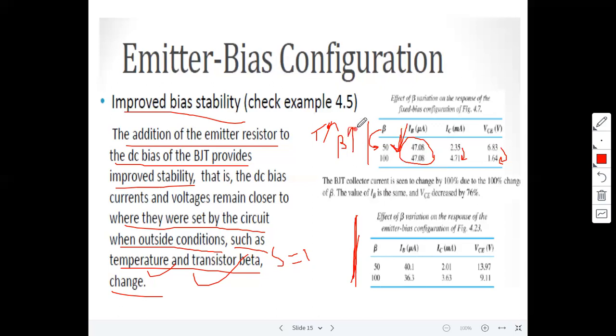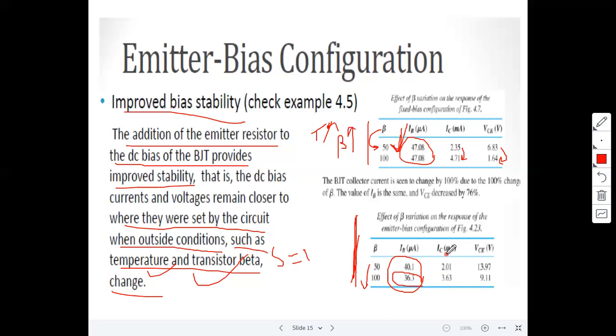In the fixed bias case, IB remains constant at 47.08 micro. Observe in emitter bias, IB decreases. As temperature increases, beta also increases. Suppose beta doubles, 50 to 100. Now in emitter bias the base current reduces to 36.3.